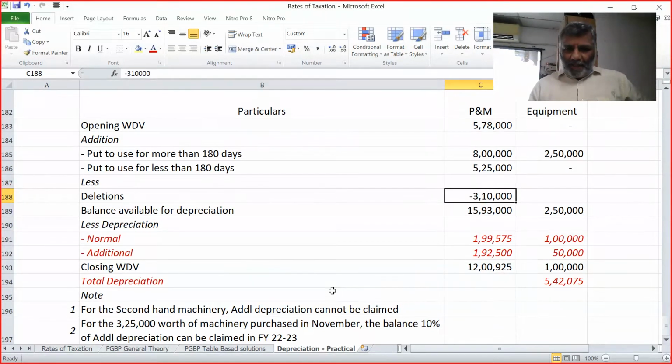We all know second hand machinery does not have additional depreciation, and in this the 3 lakh 25,000 you can claim the balance 10% in the next year.